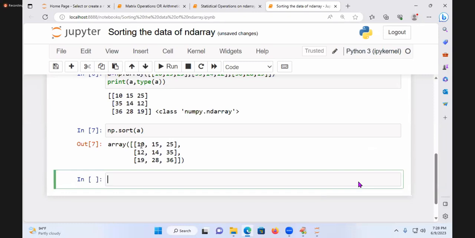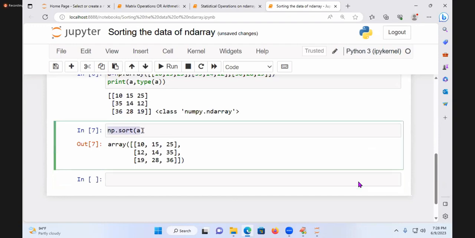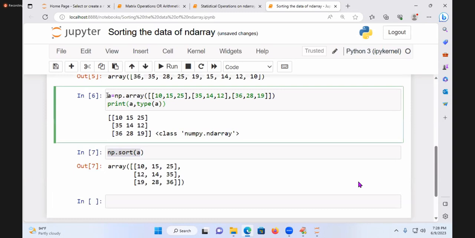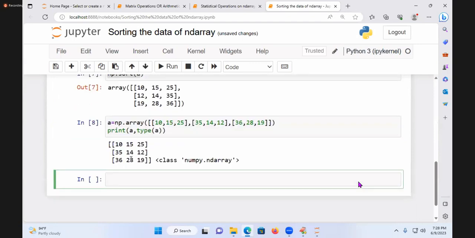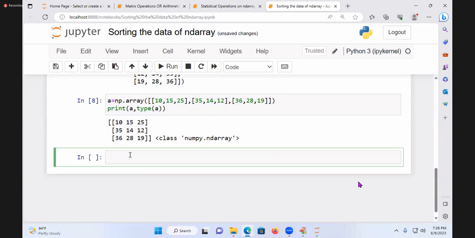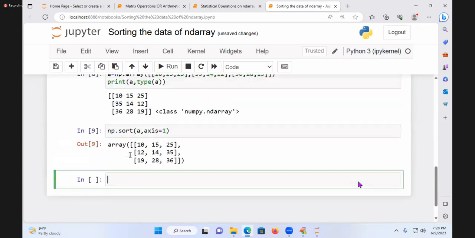Got it? Okay. Now I want to say once again, I will say NP dot sort of A comma axis equals 1. You observe it. What is happening?